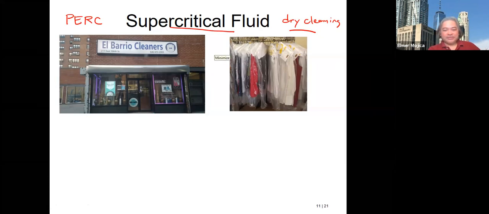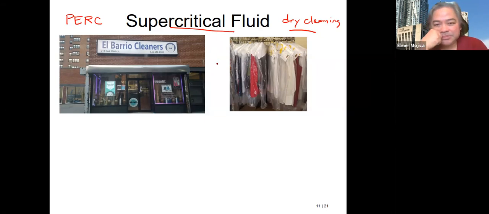Usually there's a lot of smoke. But that's just what we call the supercritical fluid that comes out of it. It's not like washing with water, where you use soap. Here, the perchloroethylene is the one that will dissolve the dirt in your clothes.